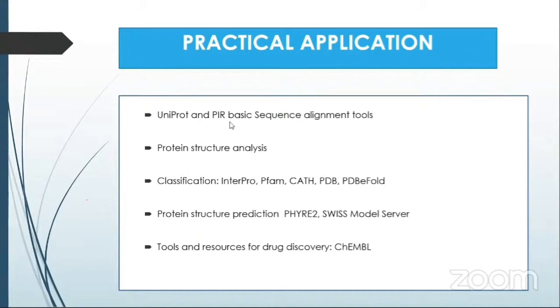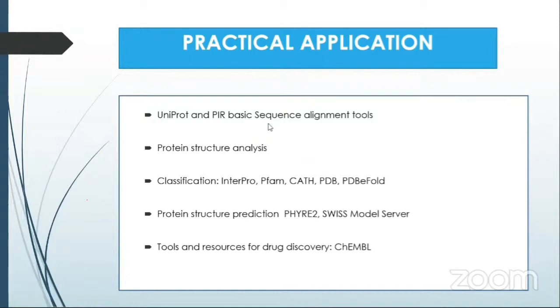Once you know what UniProt and PIR are for sequence-based analysis, you can move towards protein structure-based analysis. And knowing the sequence information, you can move ahead to the classification of the particular protein. Classification is nothing but getting the domains, motifs, and family of the protein.